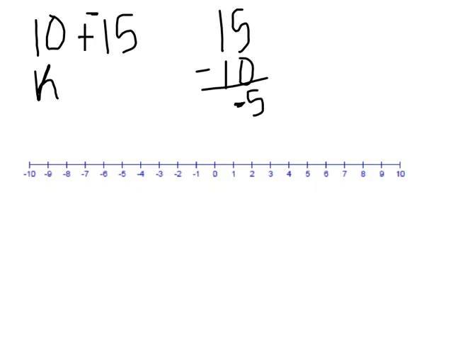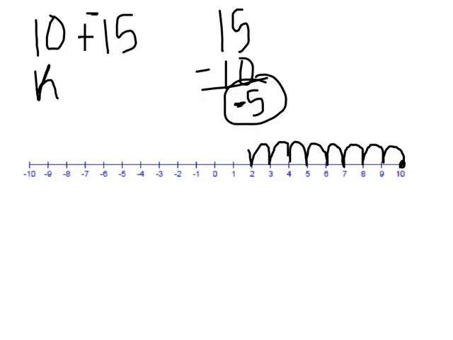Keep the sign of the larger number, which is 15. So 10 plus negative 15 is negative 5. And again, you can show this on your number line by starting at 10, moving 15 units to the left. So again, nothing is really different here. All we're doing is changing the subtraction sign to an addition sign and adding a negative.